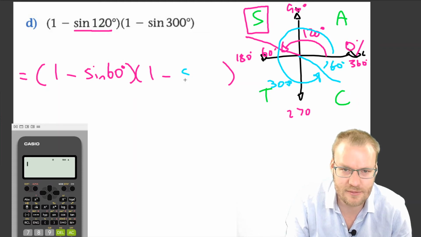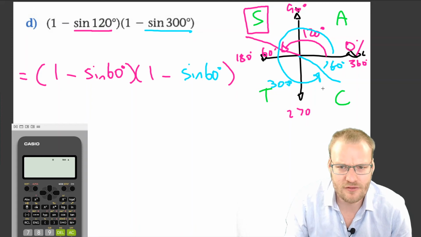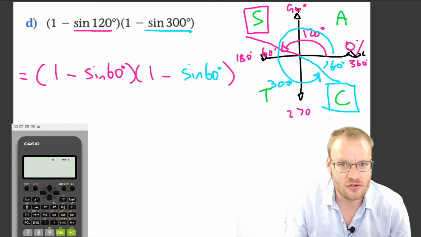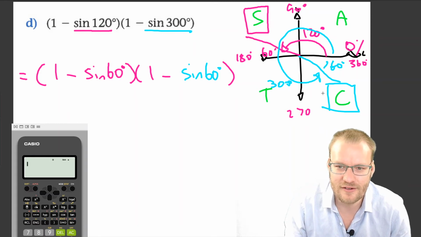So this is the same as sine 60 degrees. That's what that bit is. Is it positive or negative? Well, we're in the fourth quadrant, the cos or C quadrant if you want, and so therefore sine 300 is the same as negative sine 60.